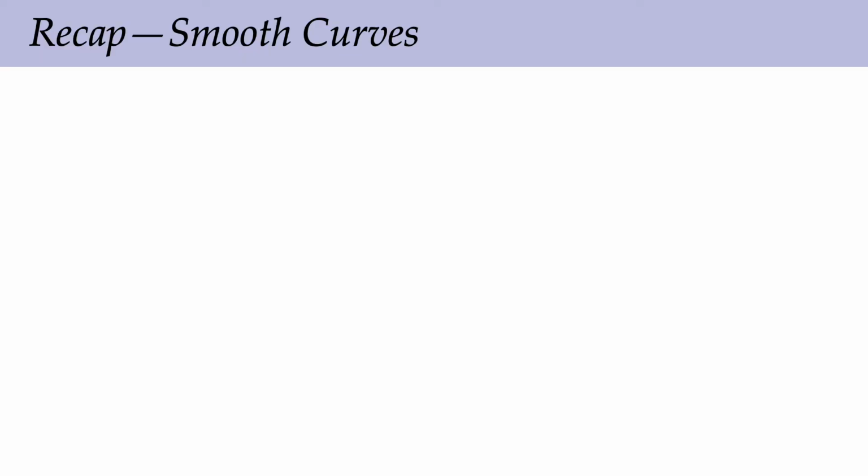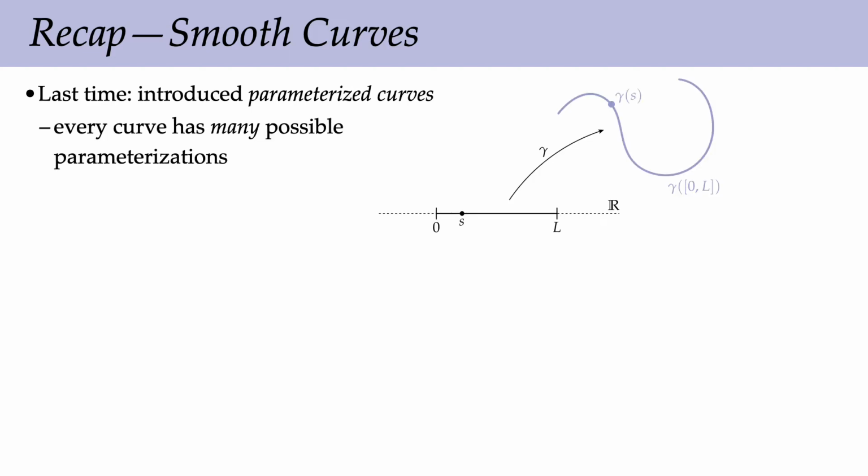So just to recap what we talked about last time, we introduced the idea of a parameterized curve, basically saying that a curve can be viewed as a function or a map that bends an interval of the real line into space. One really important thing that we talked about is that every curve has many possible parameterizations, many different maps that describe the same shape in space.